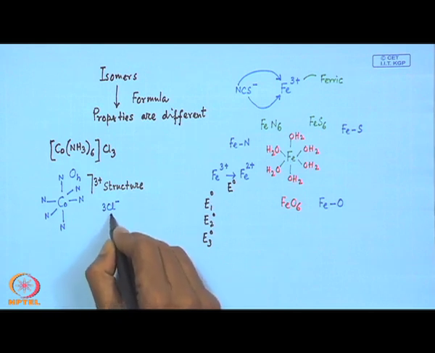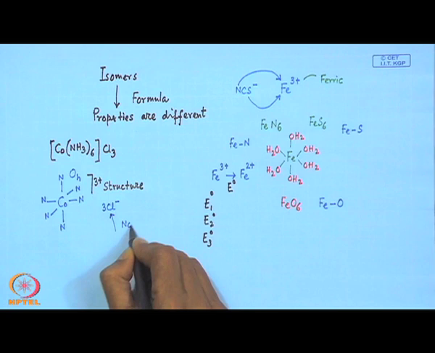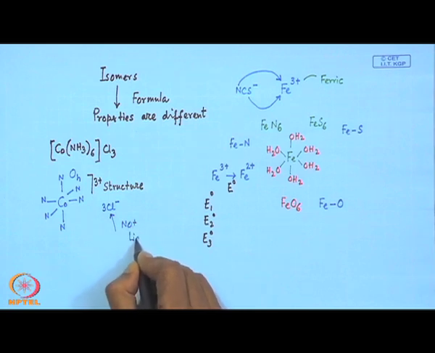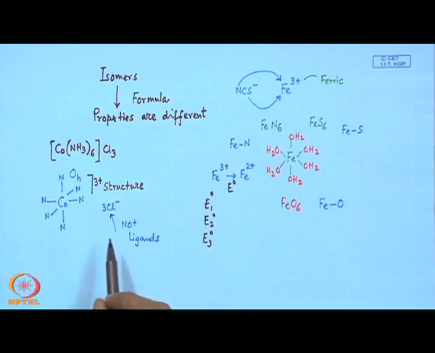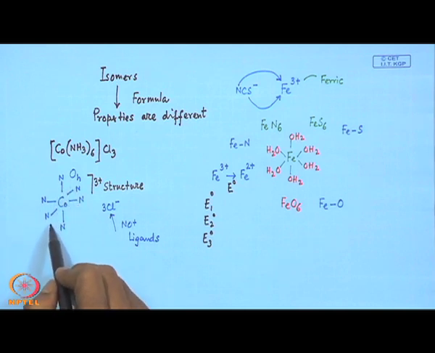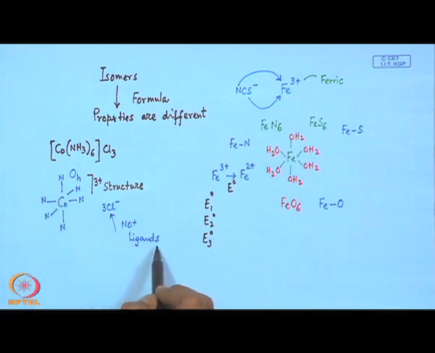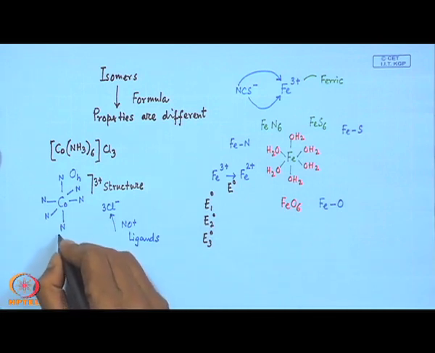So, these Cl minus are not ligands in this particular case, and we determine the corresponding structure when the octahedral coordination around the cobalt center is fulfilled by 6 amine molecules, and the chloride groups are outside the coordination sphere. Now, these amine groups are neutral in nature.